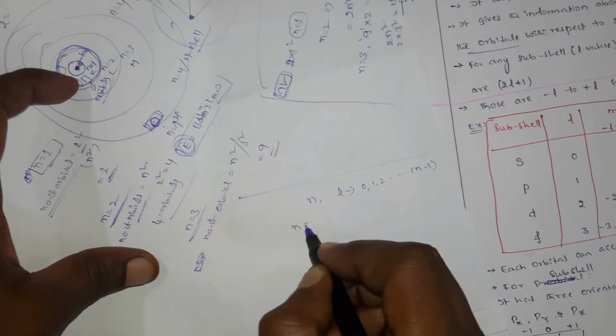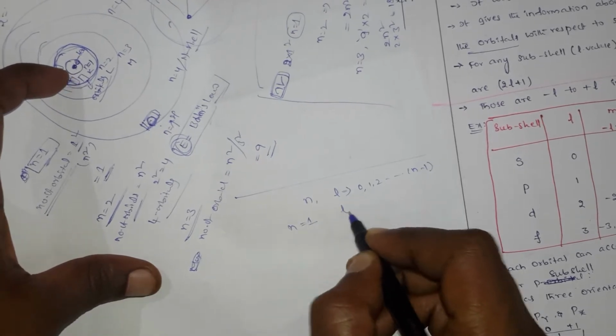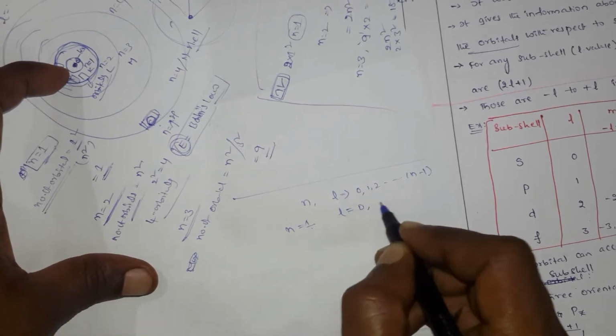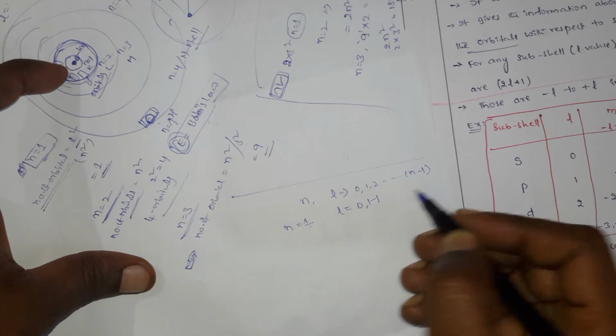If n is equal to 1, what is the L value? The L values are 0 to 1 minus 1, and 1 minus 1 means again 0.